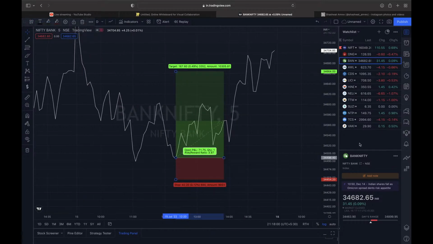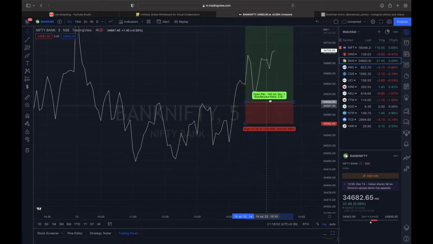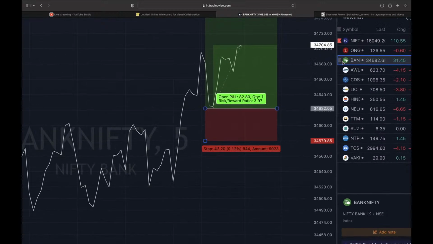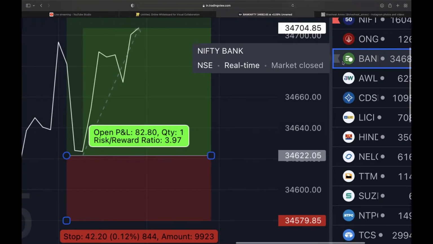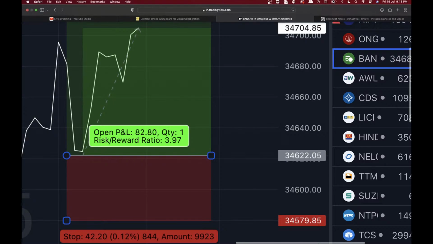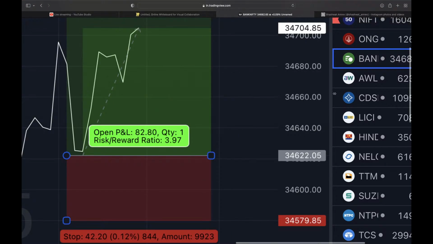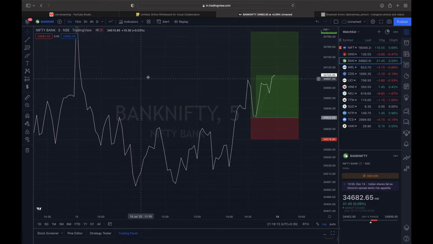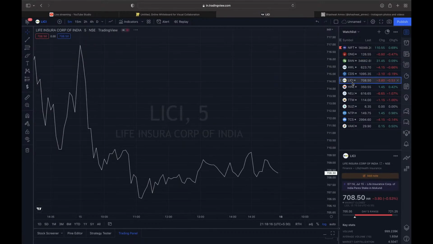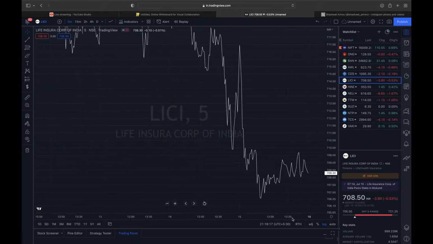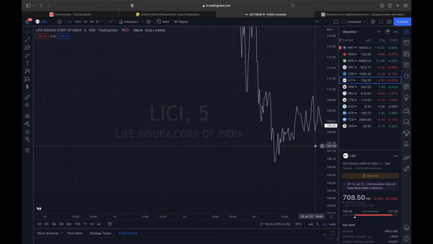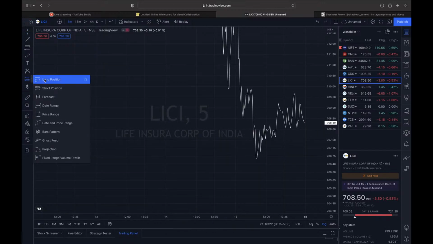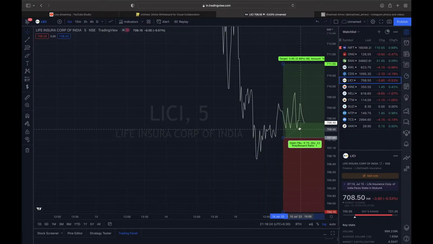See what it is saying right now. Check this out. For example, I place it over here. What it is saying, guys, 3.97. What is my risk reward right now? For every 1 rupee I'm risking, not in bank nifty, let's check out LIC India if you are a LIC fan. Okay, let's check out any stock, not about index.